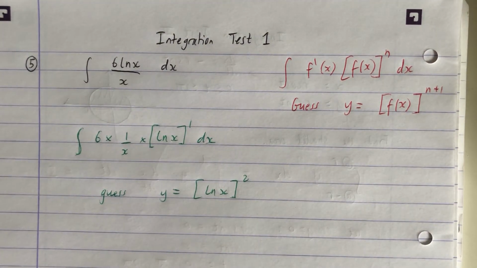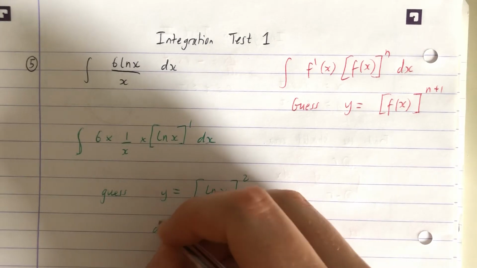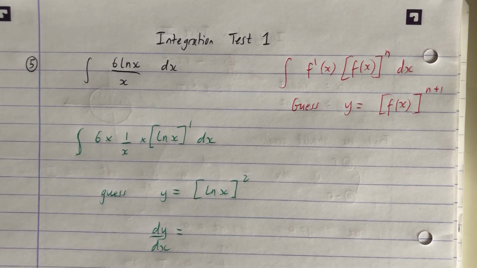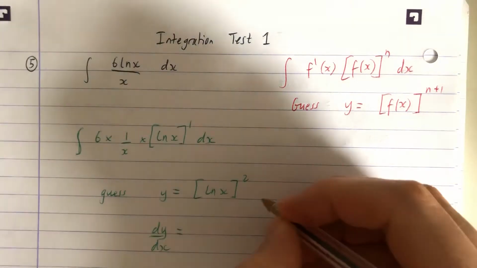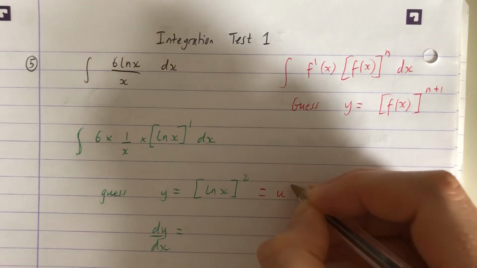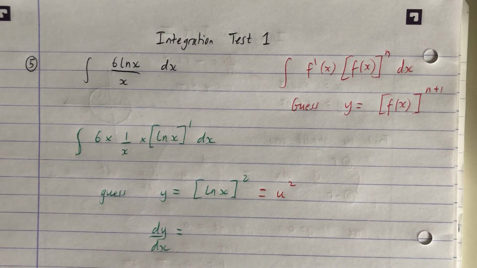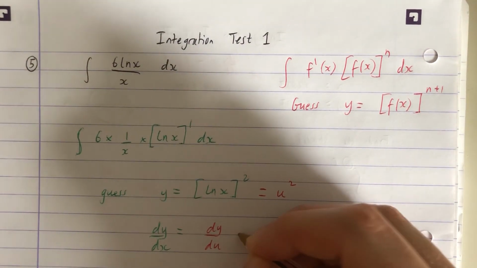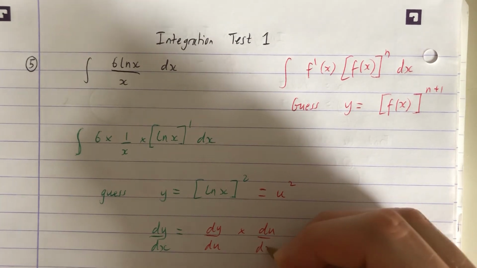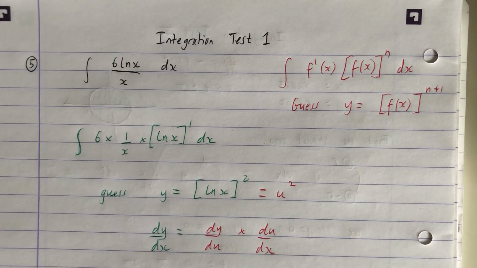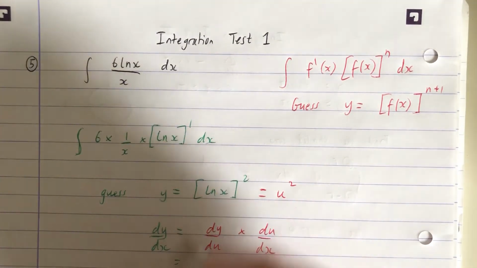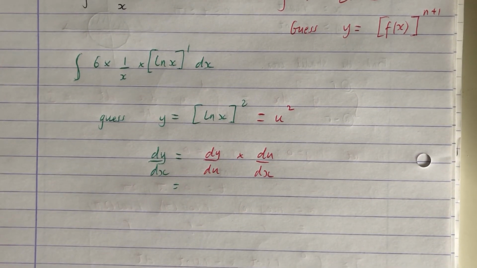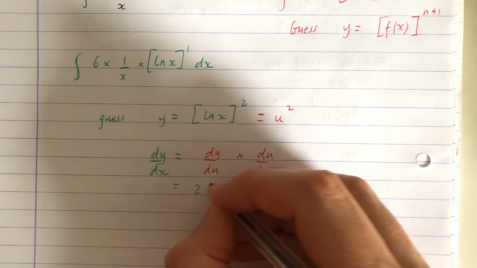If I check to see how bad this guess is, there's something called the chain rule in differentiation, which says if you've got this, u squared, then dy by dx is dy by du times du by dx, which is just a long way to say you differentiate this as if it was a normal something squared, which would go to 2 times something.